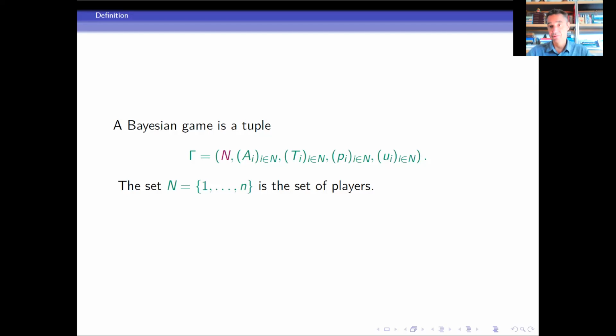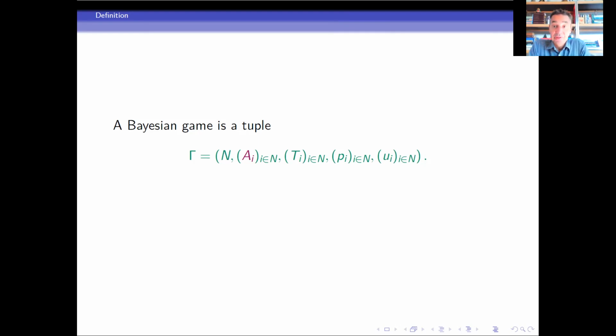Usually they're called bidders or buyers or sellers or agents in economic applications. So that's all the same, but from a game theory perspective, these individuals in the setting are called players. That's the terminology that we will use.